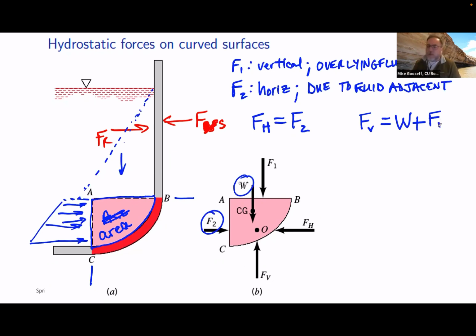All right. Now, the true resultant force that acts here, we're not going to give up the geometry completely, but we're going to embrace the Pythagorean theorem and say that the resultant force that's going to go through O is the square root of the sum of the squares of FH and FV.